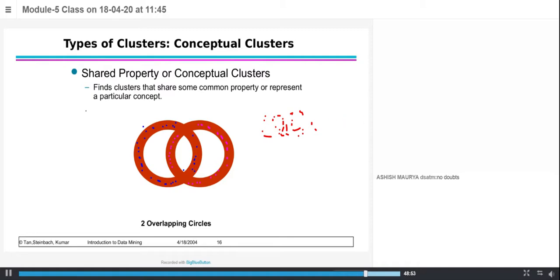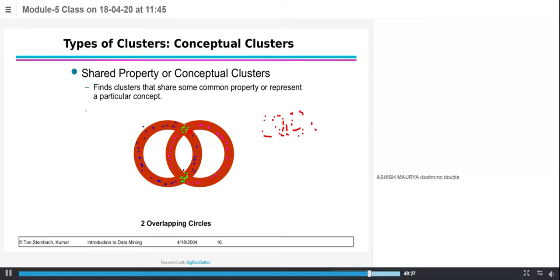Whenever an intersection is there, we say that these objects have a common property that is present in this group and this group. These objects don't have any common property, that's why they are always present in separate groups. And these objects also don't have a common property, that's why they are present in separate groups.